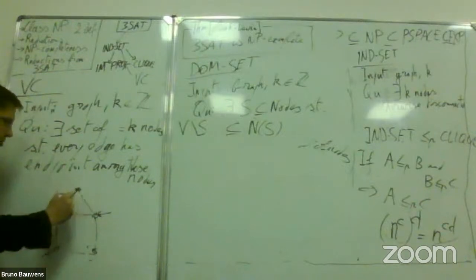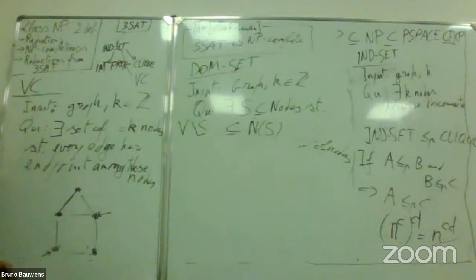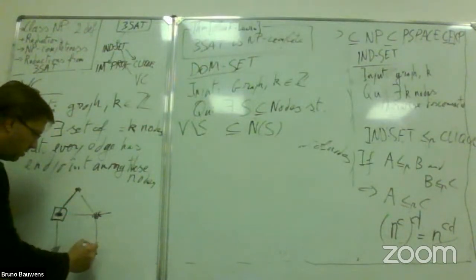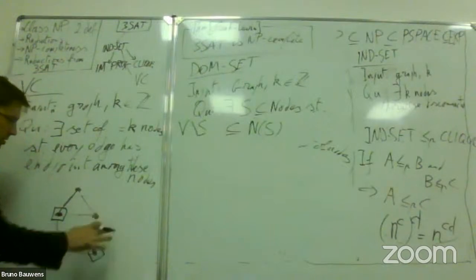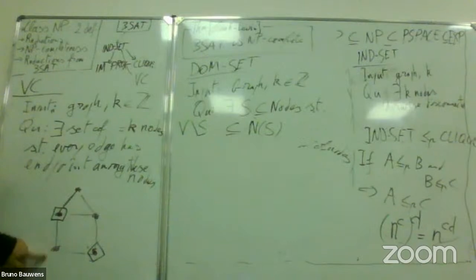Can we choose one node so that every node neighbors it? No. Maybe 2? Yes, this one and this one. And so every node that's not selected has a selected neighbor.